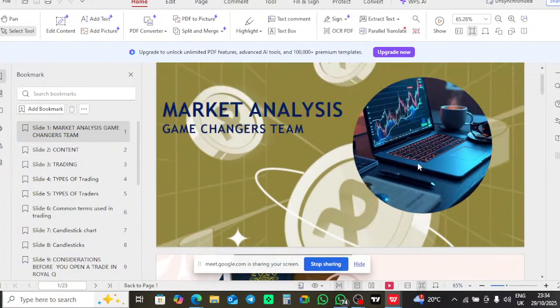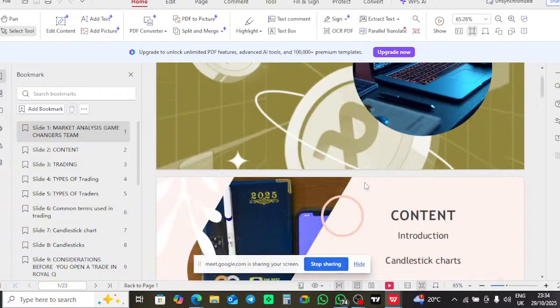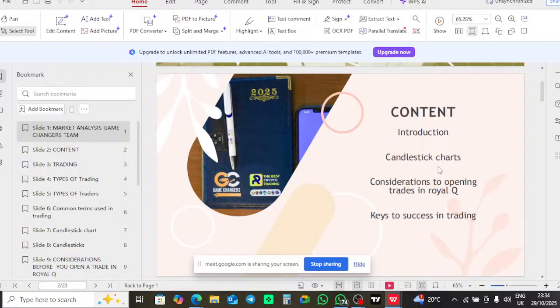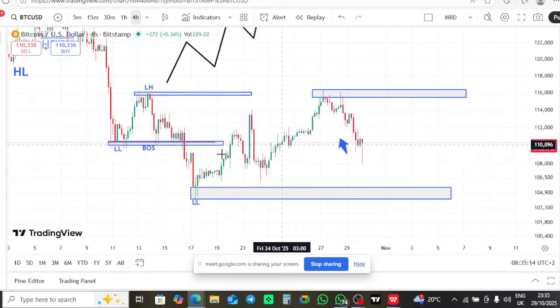We shared it. When you have time, you can always go and read. What do you need to be able to be a successful trader? So, introduction, it is candlestick charts. If we talk about candlesticks, they are here. These are candlesticks.